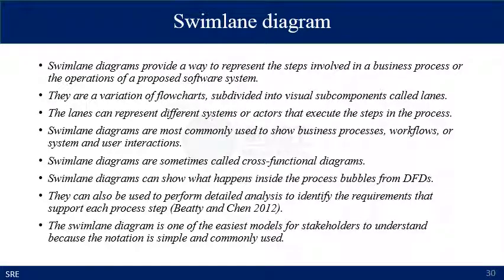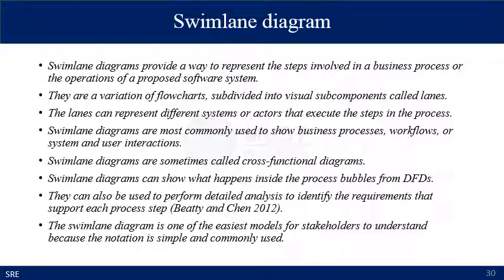Another form of visual representation of requirements is the swim lane diagram, which provides a way to represent the steps involved in a business process or the operations of a proposed software system. They are variations of flowcharts subdivided into visual subcomponents called lanes.